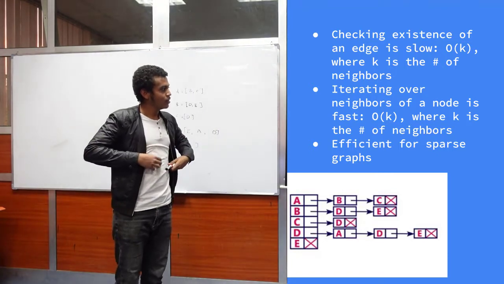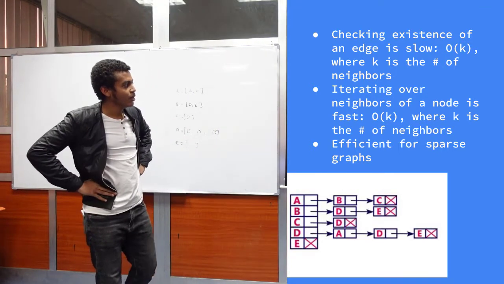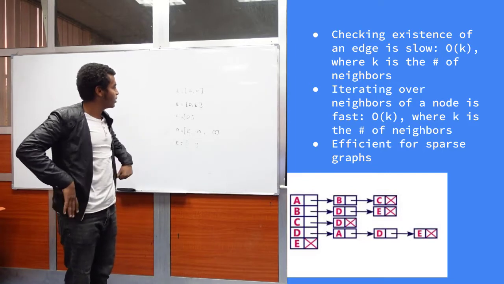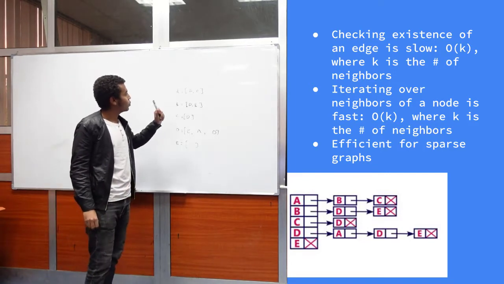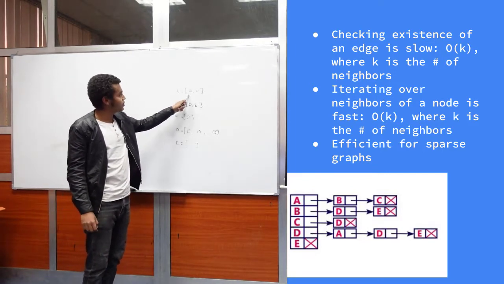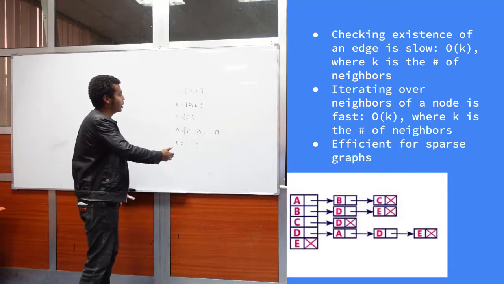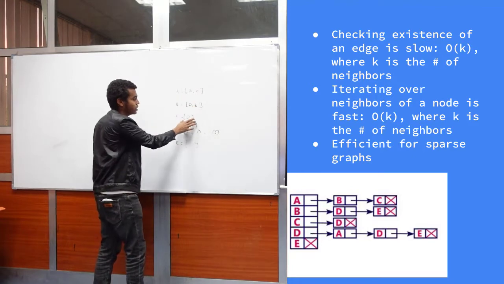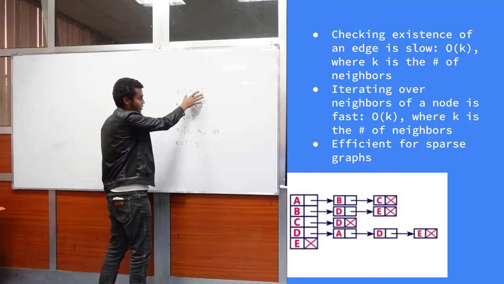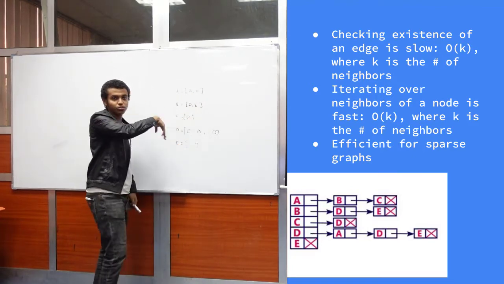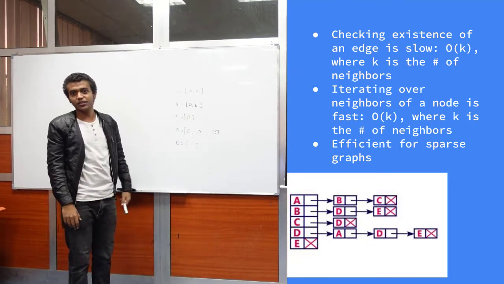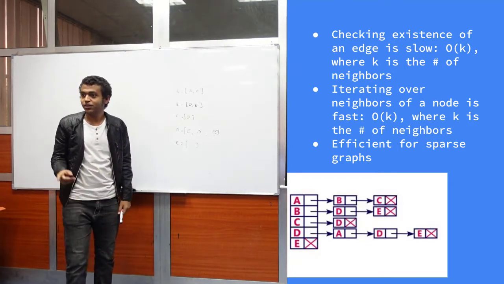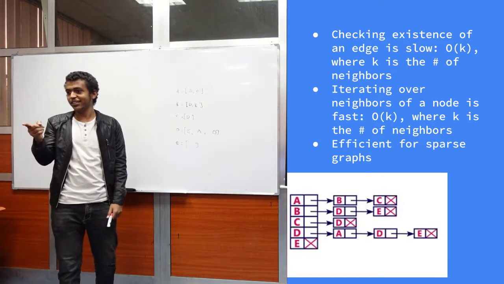So let's see. What do these values represent? If each of these lists could be summed up, which value would they give us? Number of edges. Exactly, right?